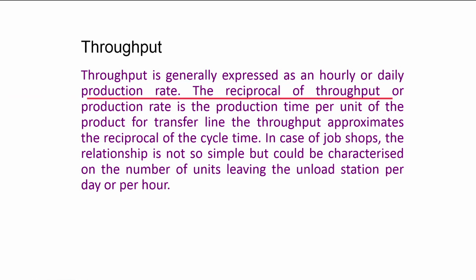The reciprocal of throughput or production rate is the production time per unit of the product for a transfer line, and throughput approximates the reciprocal of the cycle time. In the case of job shops, the relationship is not so simple, but could be characterized by the number of units leaving the unload stations per day or per hour.